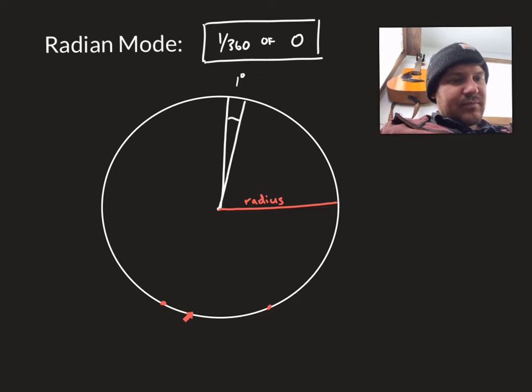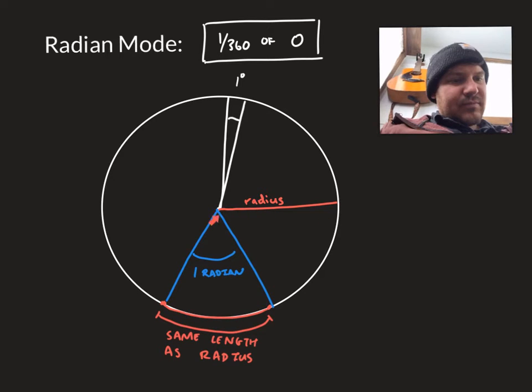If I draw an arc that is exactly the same length, so this arc is the same length as the radius, then the amount of rotation you have done is 1 radian. So that this angle, this turn, is 1 radian.